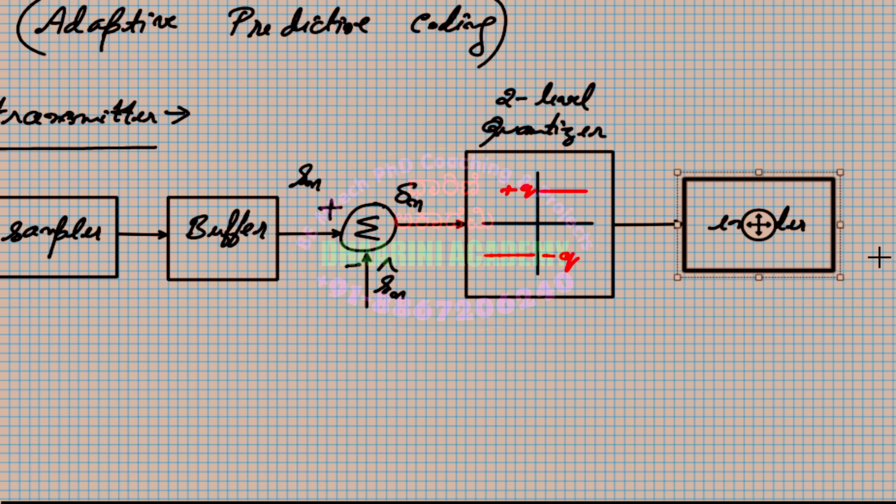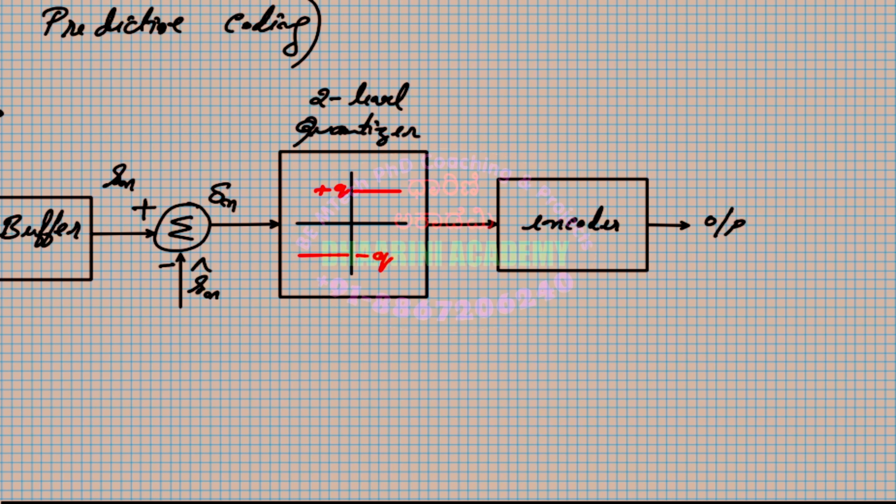Let me connect this directly and give it to the output. This is going to generate the output, the encoded output. The encoder generates the encoded output.